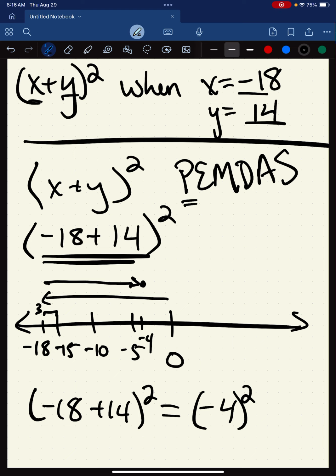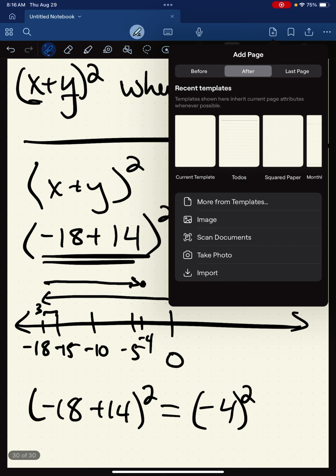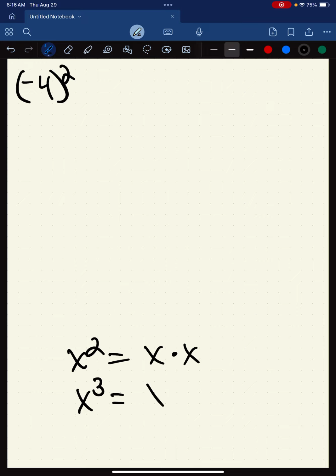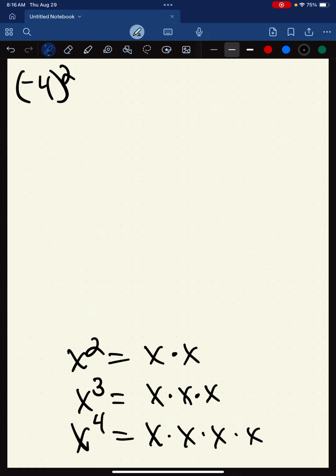And remember what squared means. I've actually run out of room a little bit, so let's go to the next page. We got negative 4 squared. What squared means, if we have x squared, is x times x. If we had x cubed, it would be x times itself 3 times. Something to the 4th power is x times x times x times x, for example. So you can see the pattern.